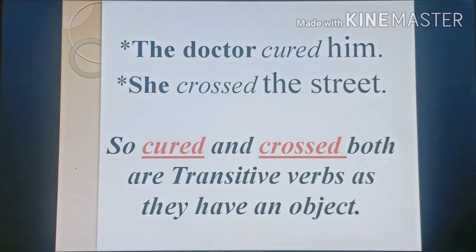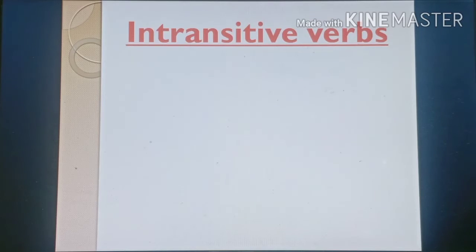Let's have a look at some other examples. The doctor cured him. She crossed the road. So cured and crossed, both are transitive verbs as they have an object which actually reflects the action done by the subject. Now let's move on to the intransitive verbs.